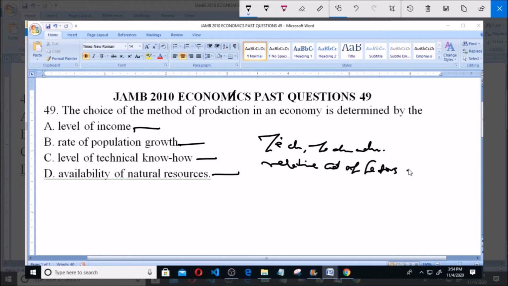Of course, the factors of production have to do with land, labor, capital, and entrepreneur. Production functions.